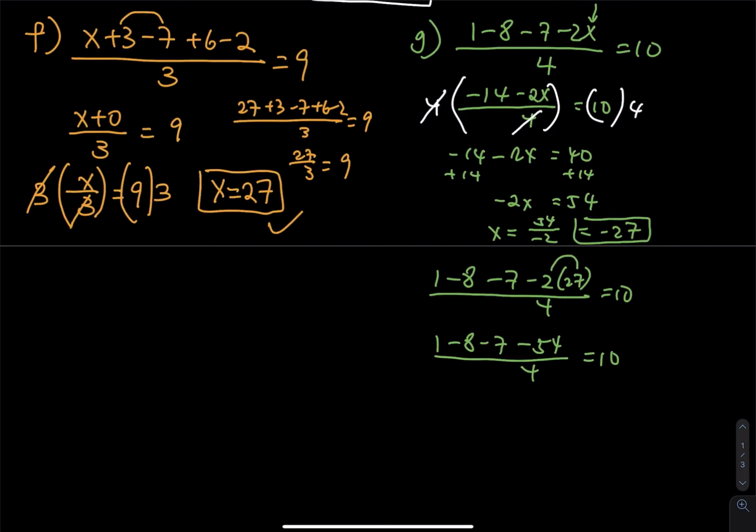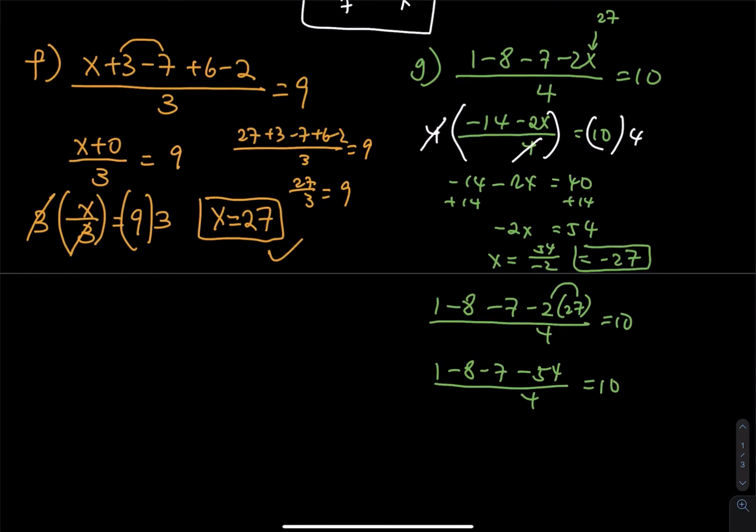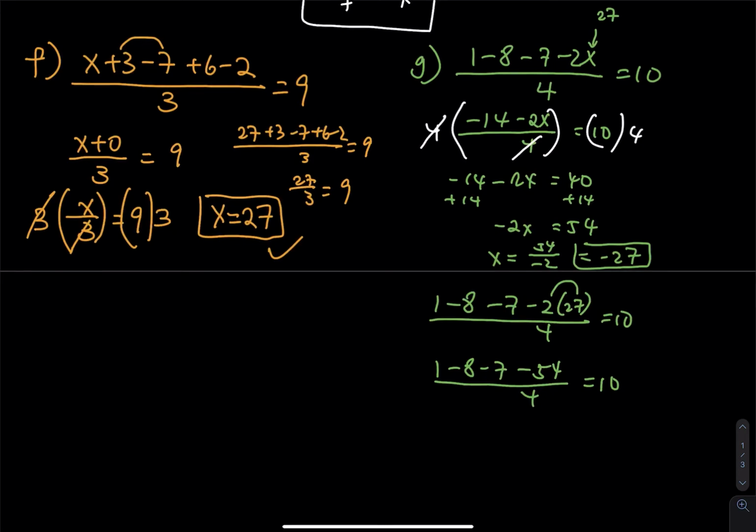Hold on, let me double check my work real quick. Negative 68 divided by 4 is not equal to 10, so that means I might have made a mistake somewhere. So 1 minus 8 minus 7 equals negative 14, minus 2x divided by 4 equals 10. This is perfect. And then you multiply both sides by 4. 4 times 10 is 40, and then you add 14 to it.